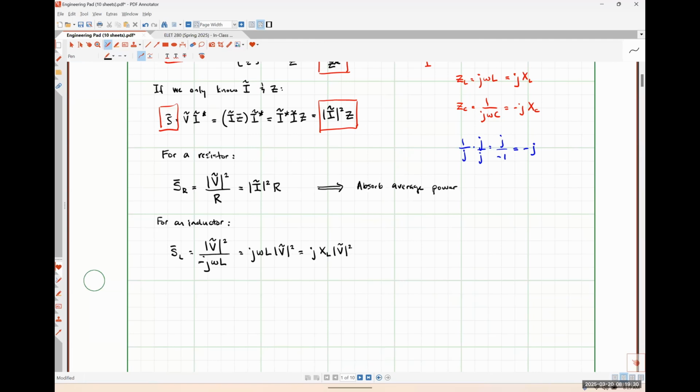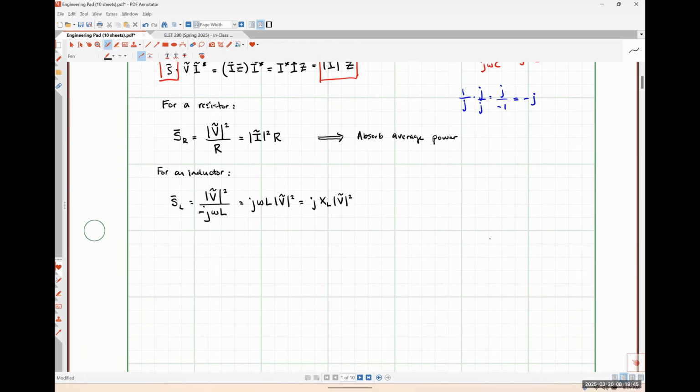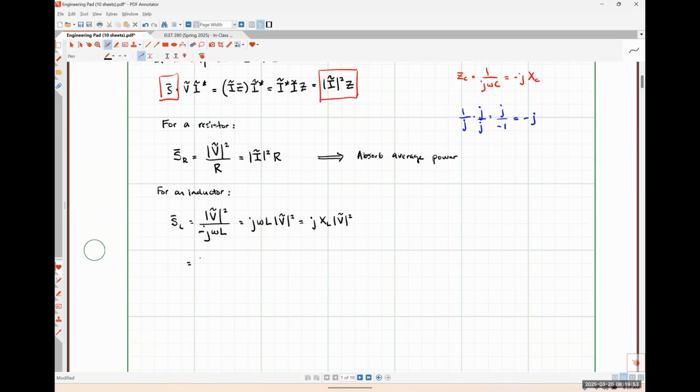If I wasn't given my frequency and inductance value, if I was just given the reactance, which will happen at times, this is how I can calculate that complex power, only knowing impedance or reactance and voltage. Down here below, let's look at what's happening with our current relationship, right? So we should just have the magnitude of our current squared, sorry, times J omega L.